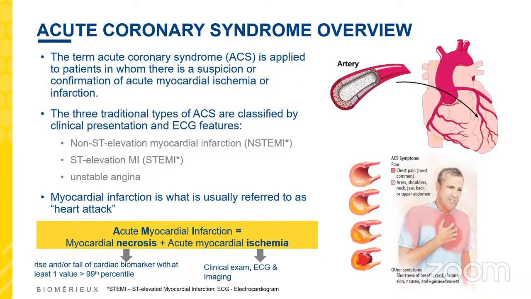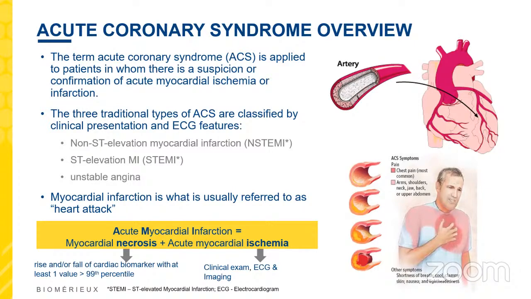It's applied to patients where we suspect an acute myocardial ischemia or acute myocardial infarction. Now, commonly, we will say heart attack. But for the purposes of this discussion today, I want us to understand that it's actually a continuum of conditions that can present this way.